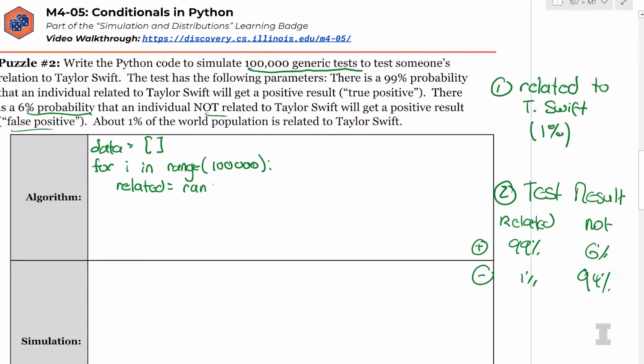So whether or not I'm related to Taylor Swift is going to be a 1 in 100 chance. Yes. So I'm going to randomize a number, and I'm going to say if I get the number 1 out of numbers 1 through 100, that means that I'm related to Taylor in the simulation. So I'm going to say related is equal to random.randint(1, 100).